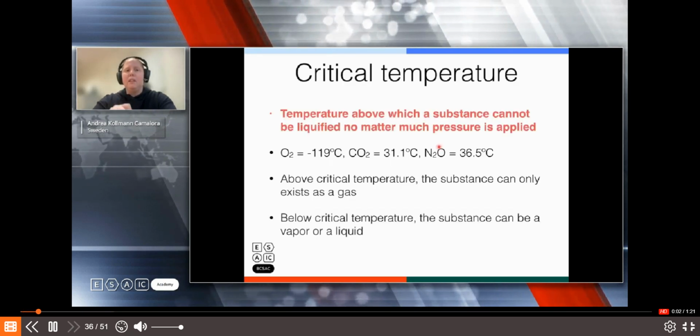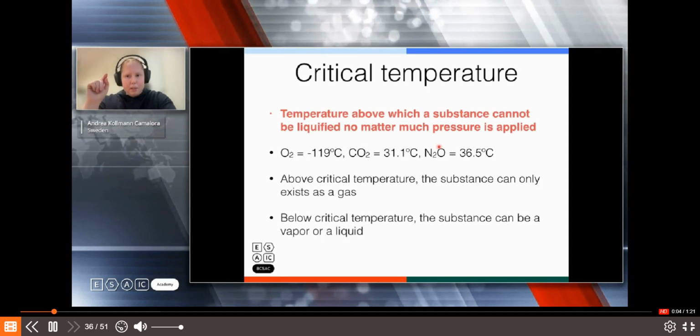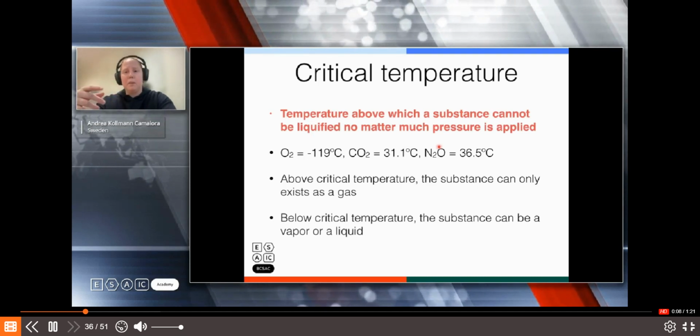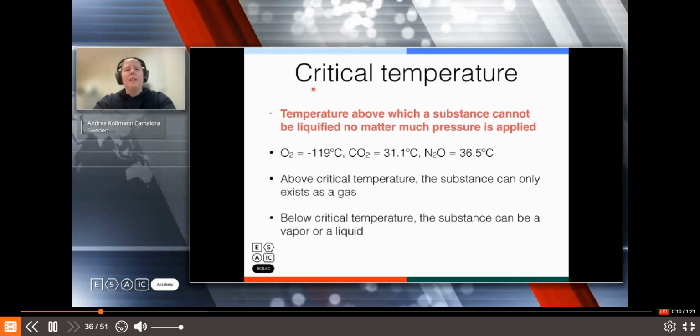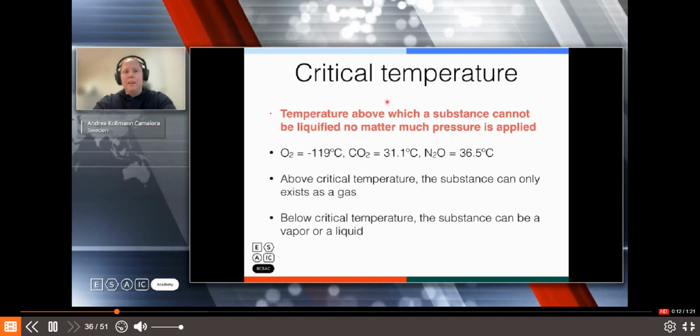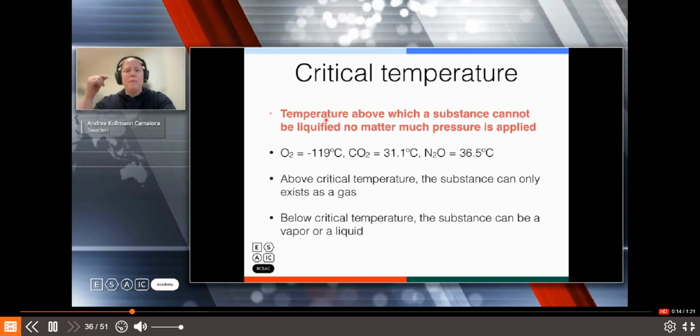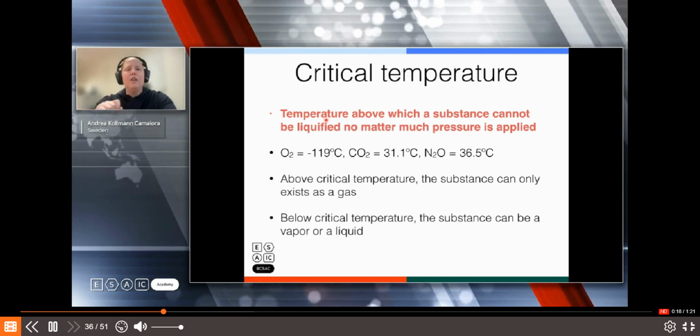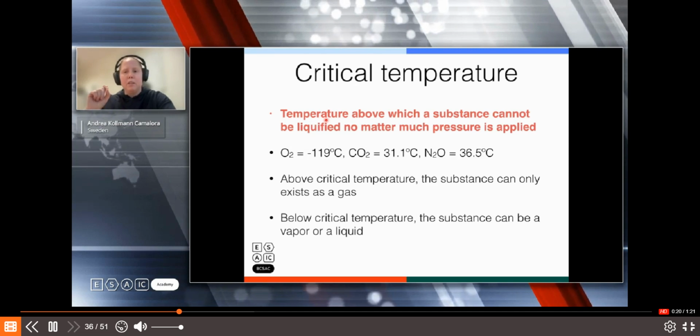Then we're going to move into critical temperature. Everything has to do with the standard temperature and pressure, the Avogadro number and the mole. So the critical temperature is the temperature above which a substance cannot be liquefied, no matter how much pressure is applied.